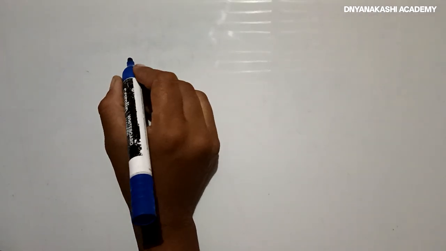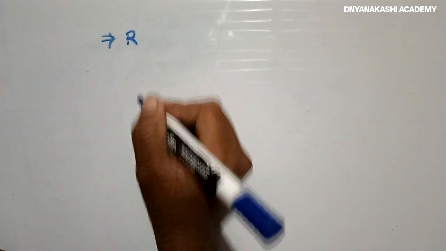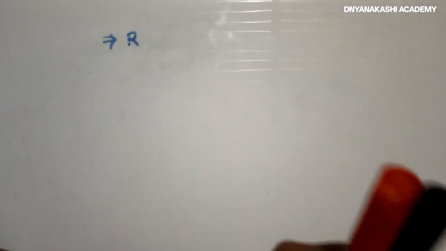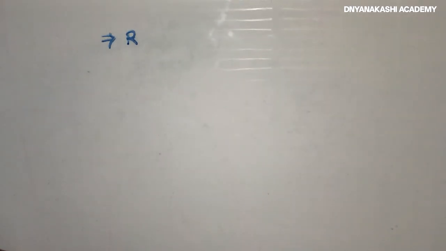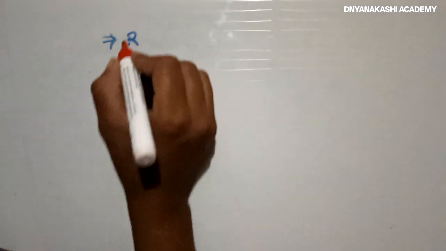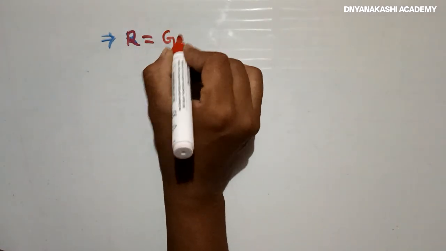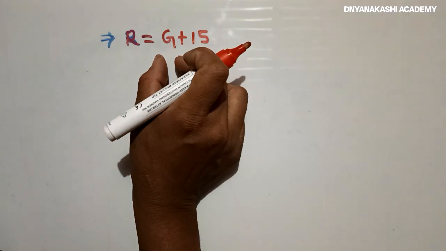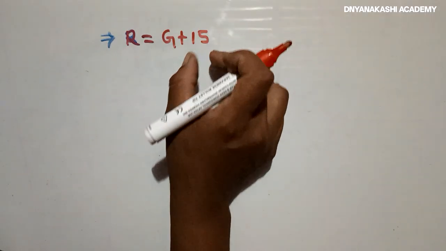What is the given data in the question? First, write here: Ramesh scored how much? Ramesh scored 15 more than Gurudas.